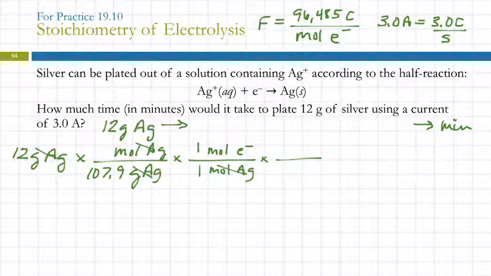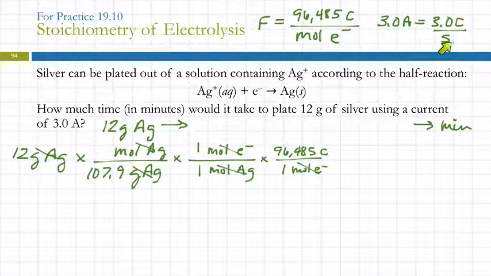Now we want to divide by moles of electrons, and the Faraday constant is going to be useful there. So 96,485 coulombs per mole of electrons, and the moles of electrons cancel out. I'm trying to get to time.